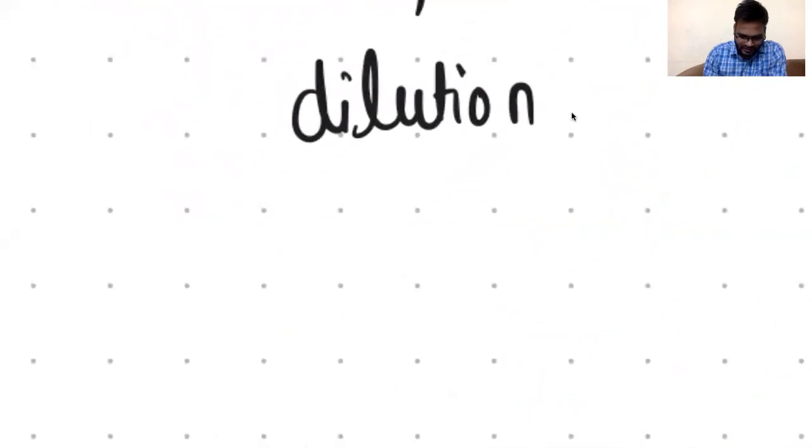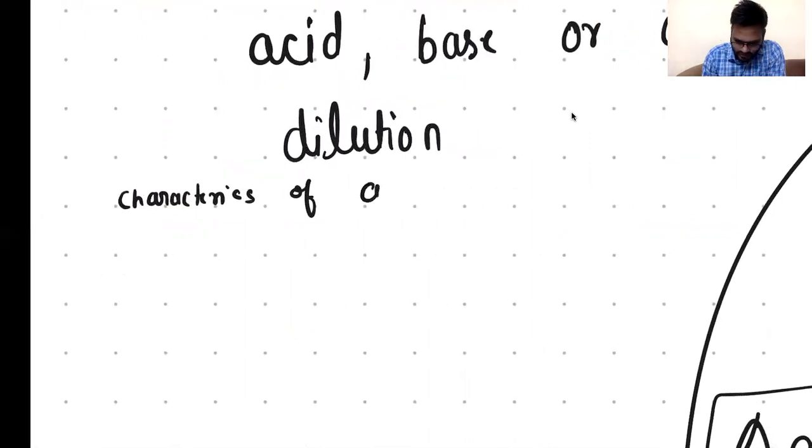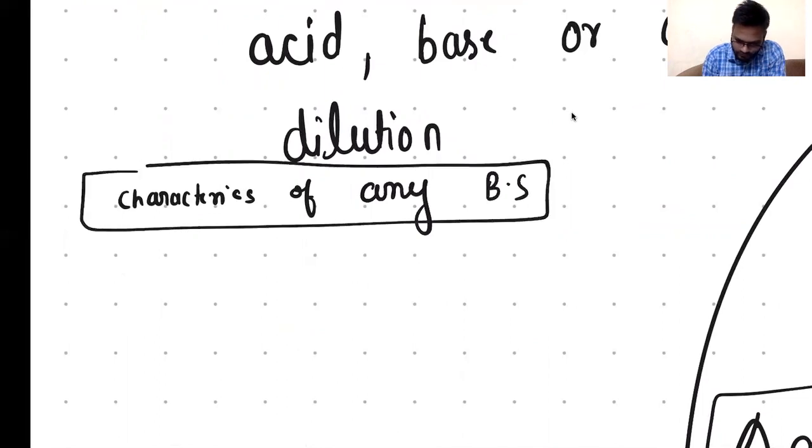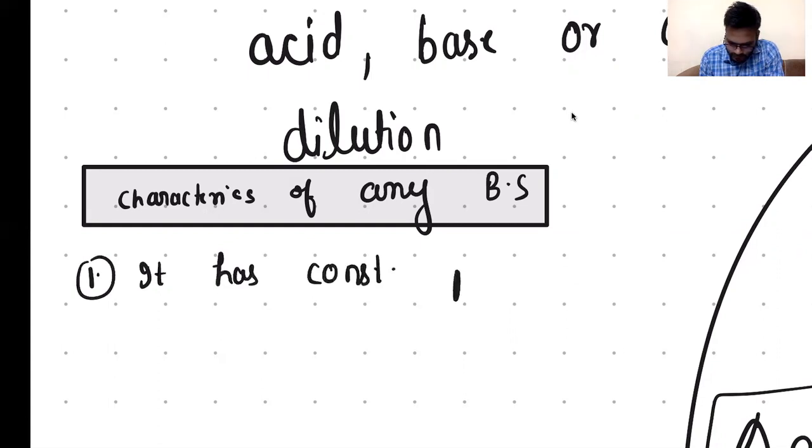So what are the characteristics of any buffer solution? First, it will be having a constant pH. Okay, it has constant pH on given conditions.